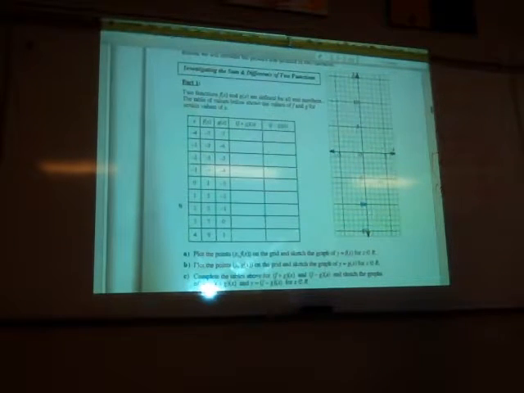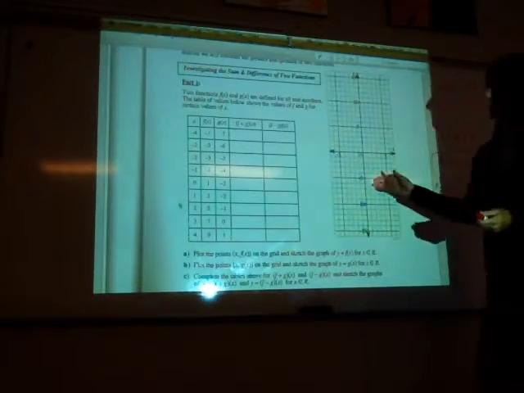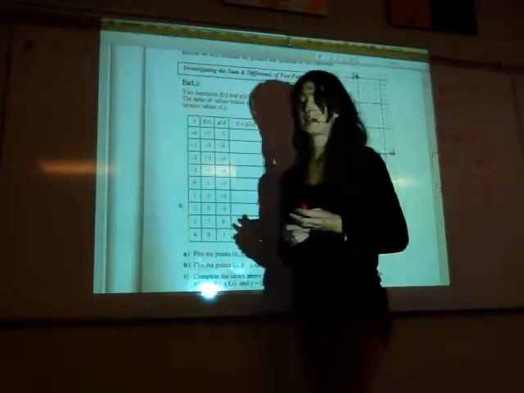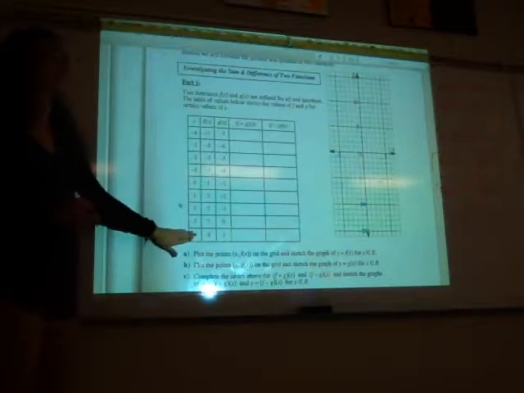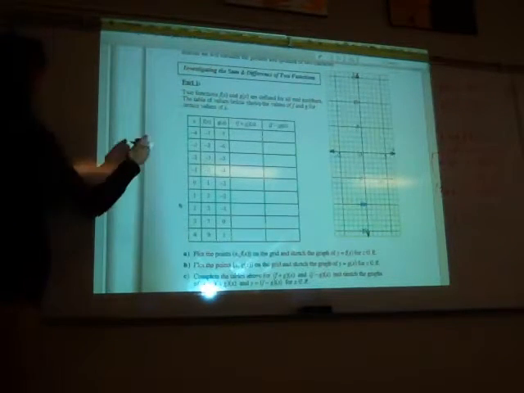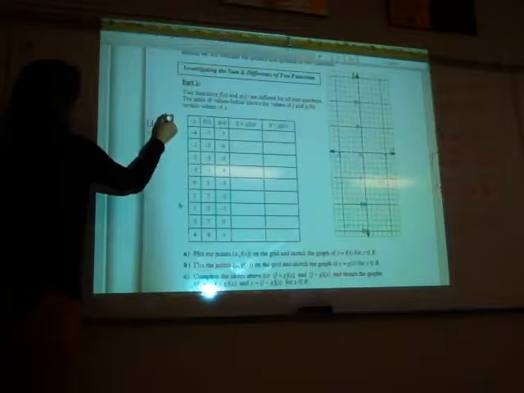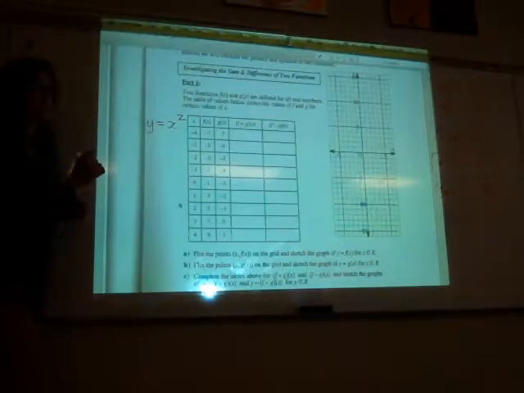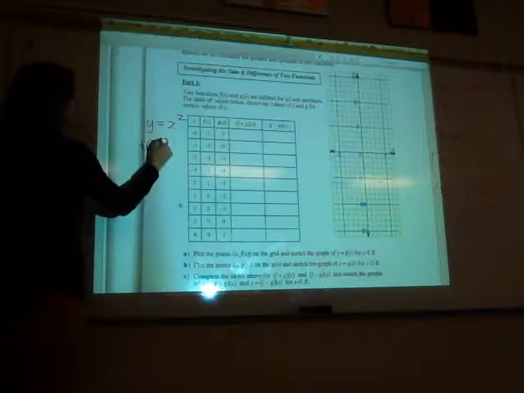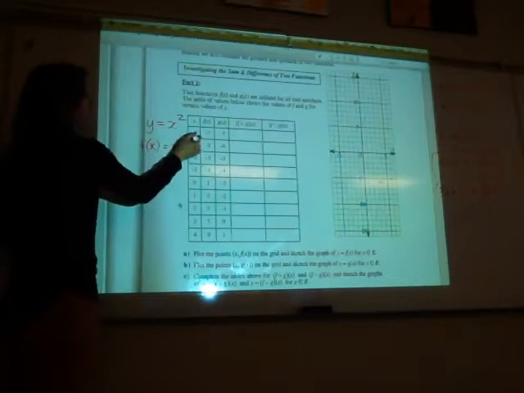Okay, so we're going to investigate the sum and difference of 2 functions just by doing a little graphing activity. Basically, just to help describe this a little bit better, these are the x-coordinates. Do you guys remember at the beginning, I think I described, say we had the function y equals x squared. I could write that also as f of x equals x squared, right?